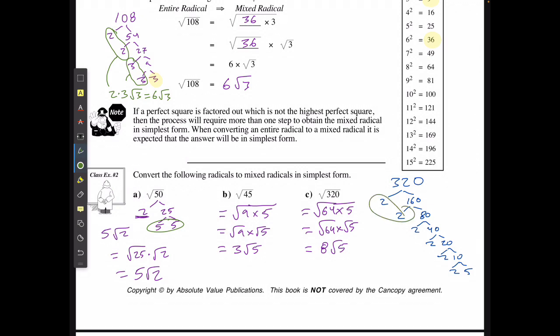And I can see I have one set of 2's, two sets of 2's, three sets of 2's, which means that one of each of them is going to make it out. And then I have the 5 that's left on the inside. 2 times 2 times 2 is 8 root 5. This frequently helps with the problem of not pulling the biggest perfect square out. But you're still allowed to do it either way.